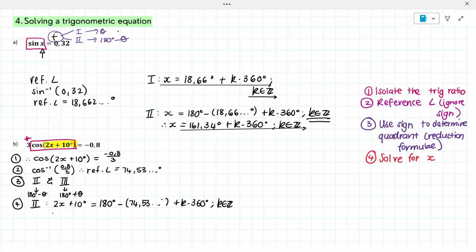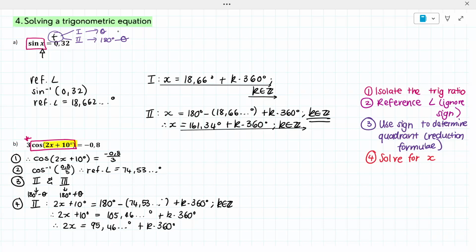Now I go and solve. So 2x plus 10 is equal to 180 minus that whole thing, gives me 105,46, whole bunch of decimals, plus k times 360. I'm going to subtract 10 on both sides, giving me 95,46, blah, blah, blah, bunch of decimals, plus k times 360.